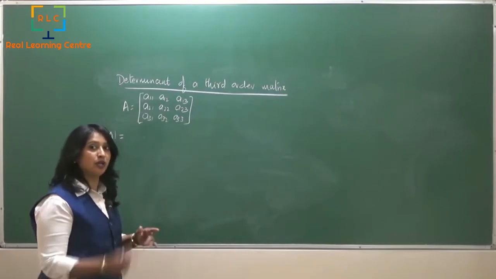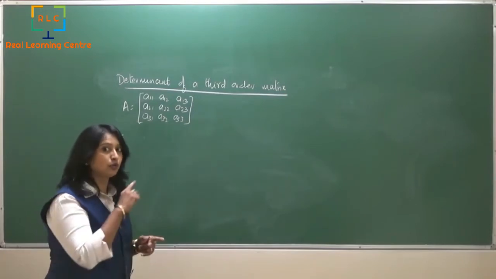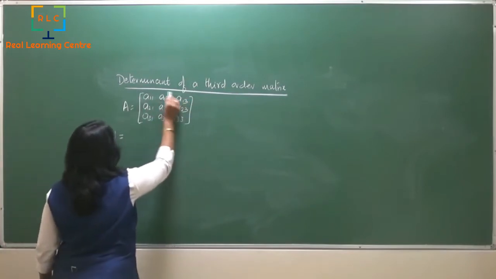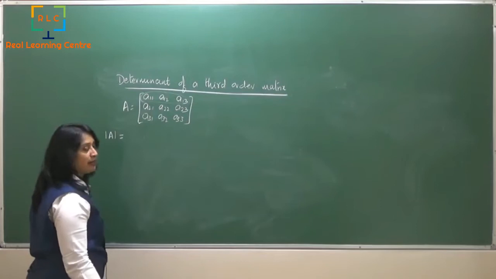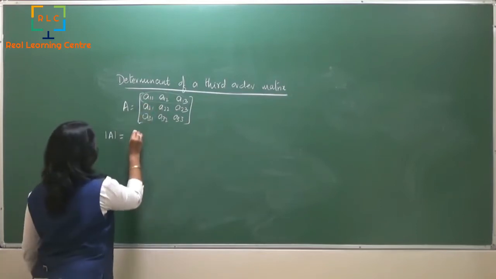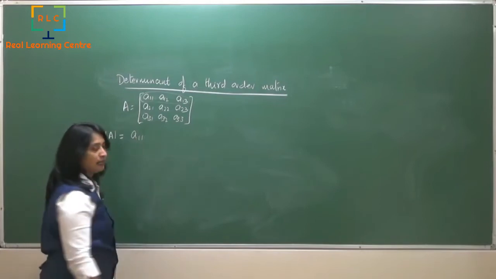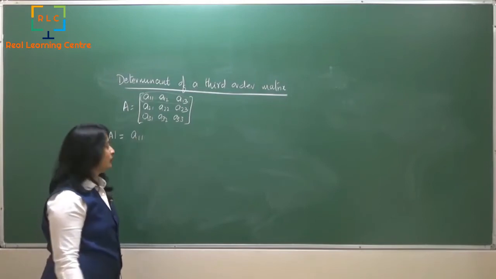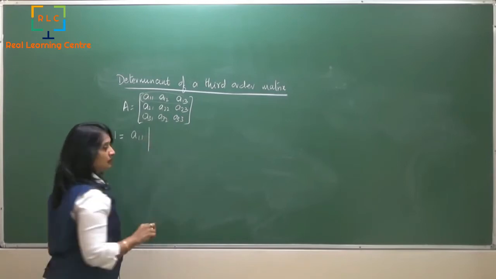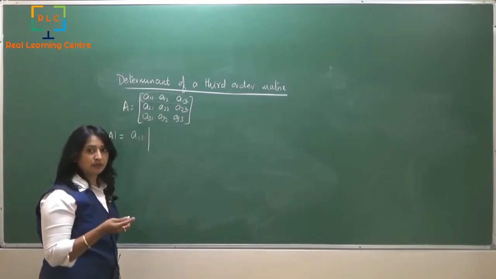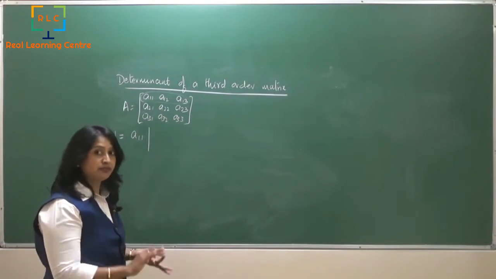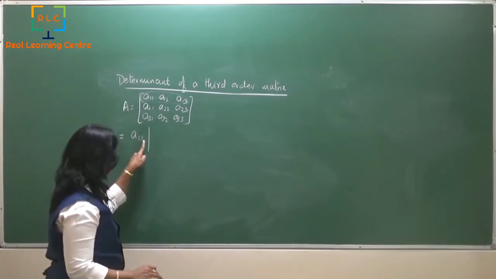But even before that, how to expand the determinant along row number 1, I shall tell you. We are expanding the determinant along row number 1. The first element A11 I shall take, and multiply this number by the determinant of the second order matrix which is left after deleting the first row and first column.